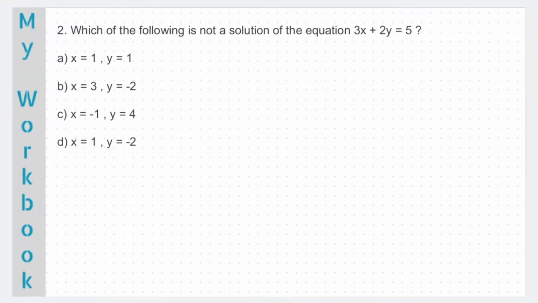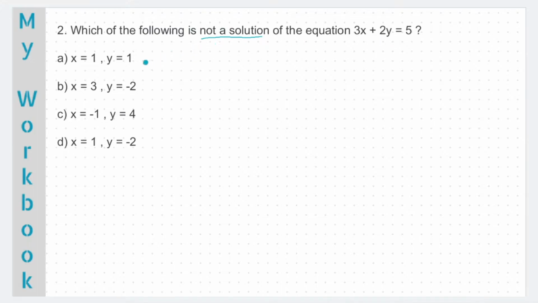Next, question number 2. Which of the following is not a solution for the equation 3x plus 2y equal to 5? In a similar way, we will substitute x and y values as given in the options in this equation. Here we need to find out which is not a solution.